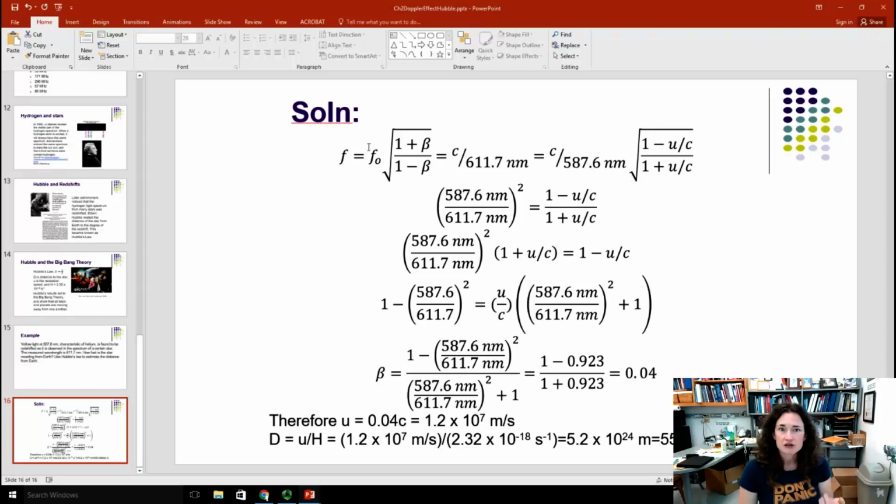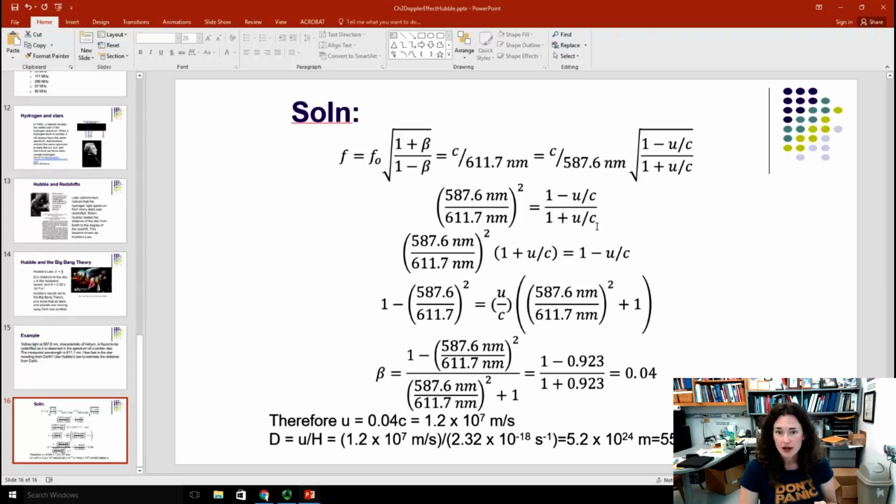Now I also plugged in for the frequency, which I just put in as a wavelength again, c over 611.7 nanometers, because c is equal to lambda f. And then here's the frequency at the source, c divided by 587.6 nanometers. So just like last time, I canceled out my speeds of light, and then I multiplied both sides by the wavelength here on the bottom, and I get 587.6 divided by 611.7, and I square both sides to get rid of that square root.